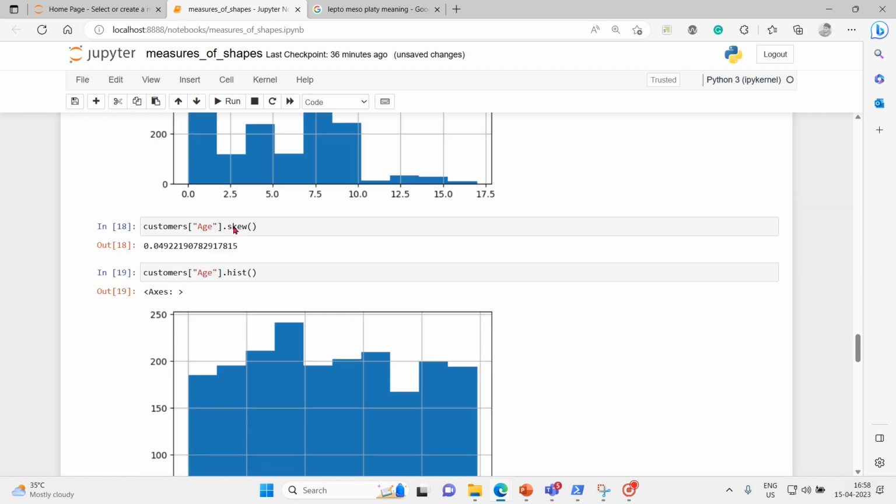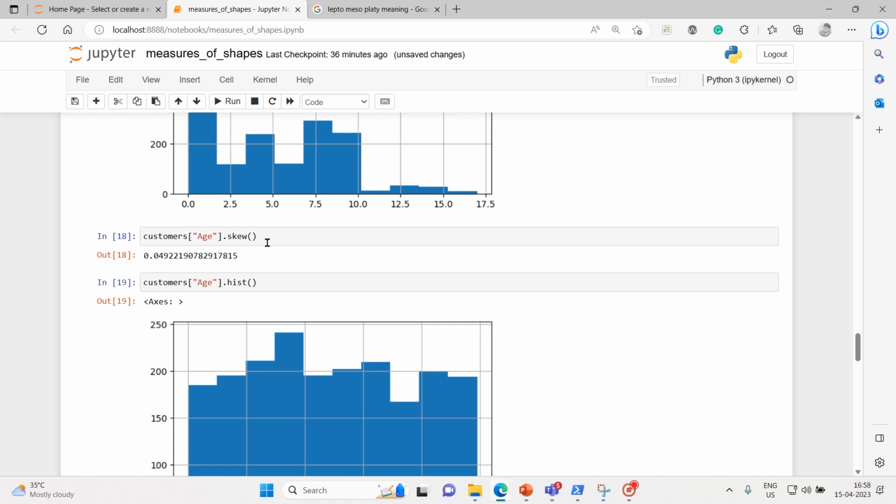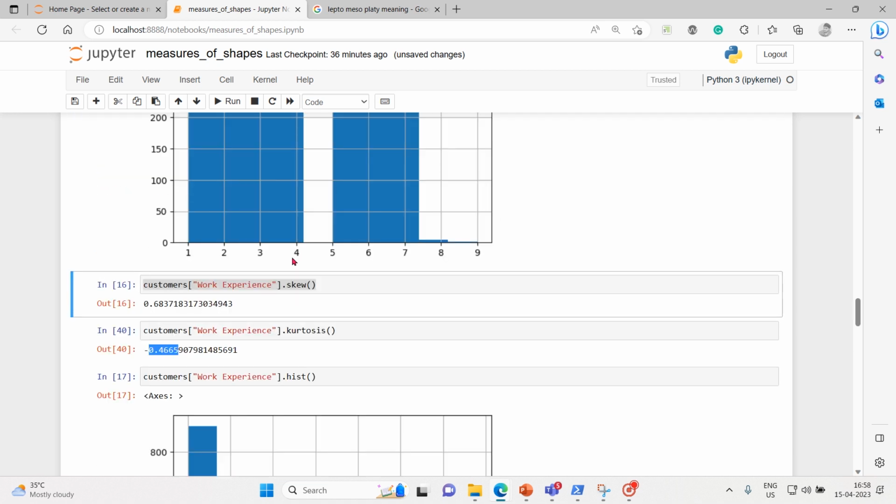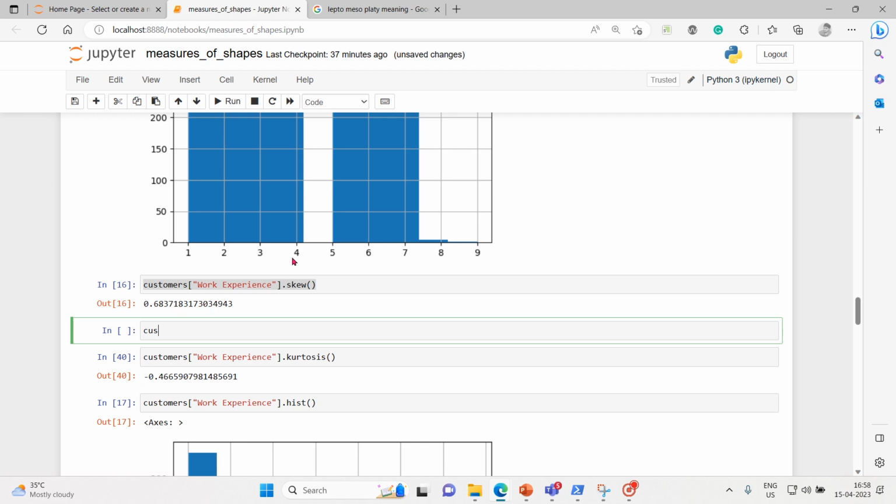Okay, let's see the age. What's going to happen? We can predict this. The customers' age and kurtosis.